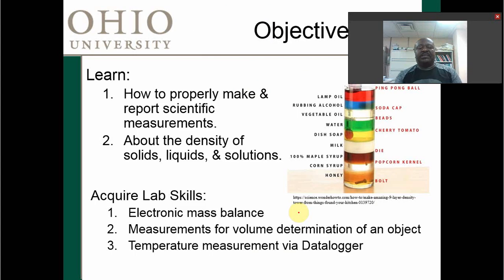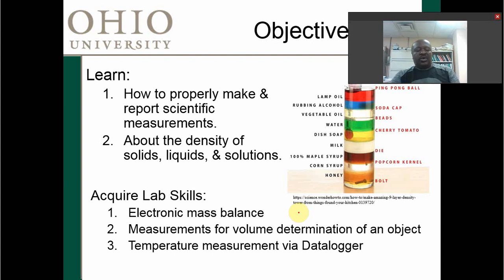All right, so what measurements do we need? Well, mass and volume. So, objectives: properly make and report. Meaning, gotta make them correctly and write with the right number of significant figures and that kind of thing.